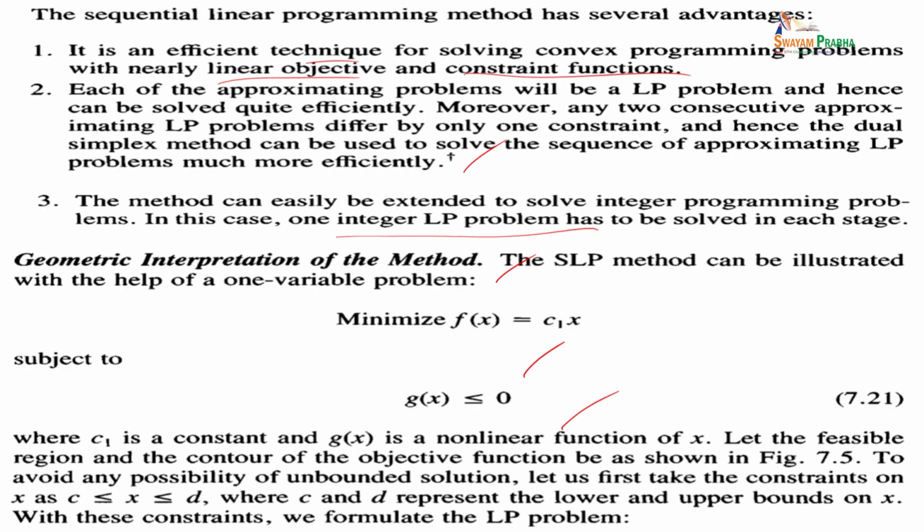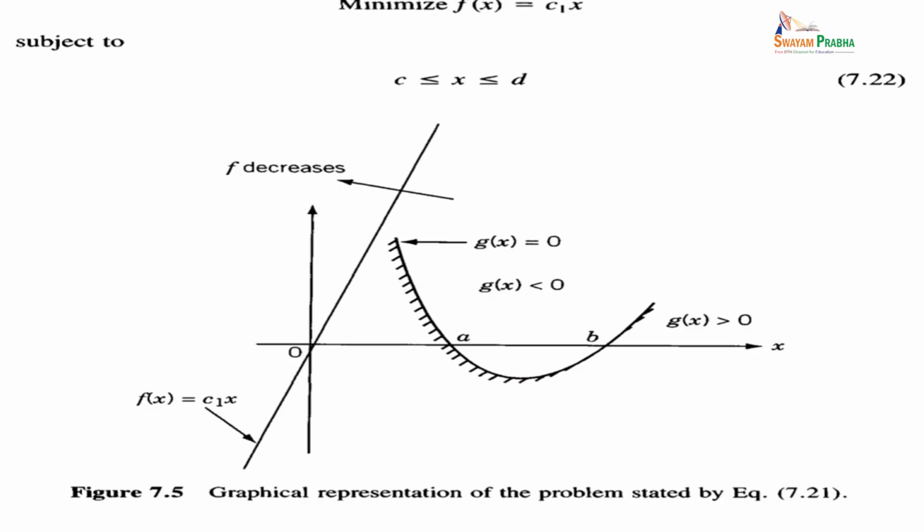Based on this algorithm, we can demonstrate the picture like this. We take the constraint when x lies between c and d, where c and d represent the lower and upper bounds of x. So, we have the formulation of the LP problem like this.